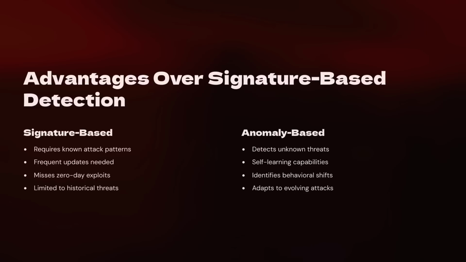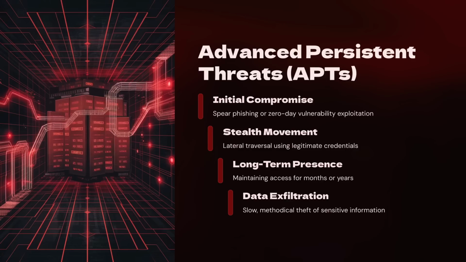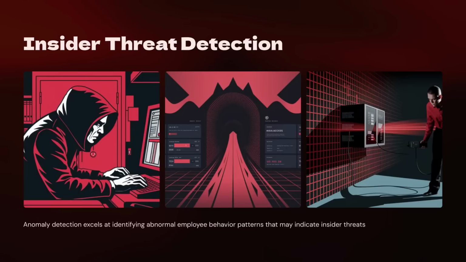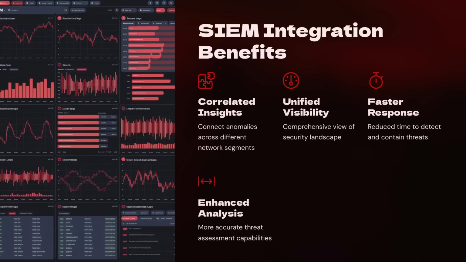In SASE architectures, real-time anomaly detection systems leverage a network's distributed nature to provide comprehensive security coverage. They monitor data flows across various SASE components, including secure web gateways, cloud access security brokers, and zero trust network access points. This holistic approach enables the detection of sophisticated threats that can exploit multiple vulnerabilities across different parts of the infrastructure.